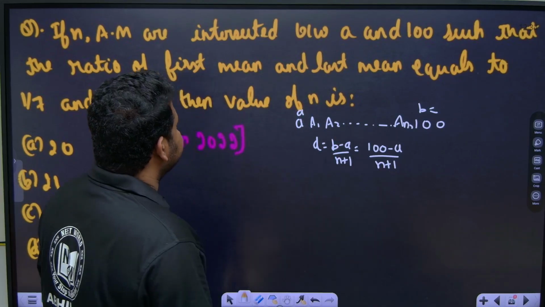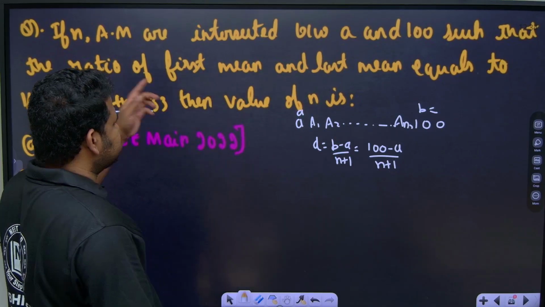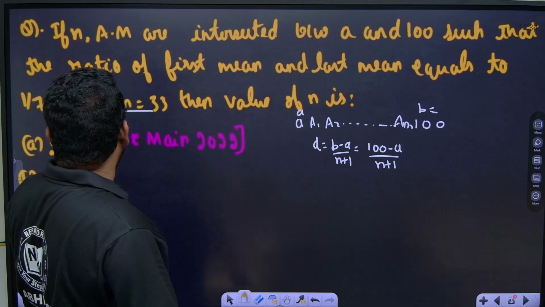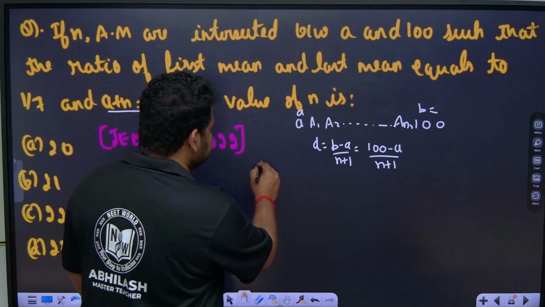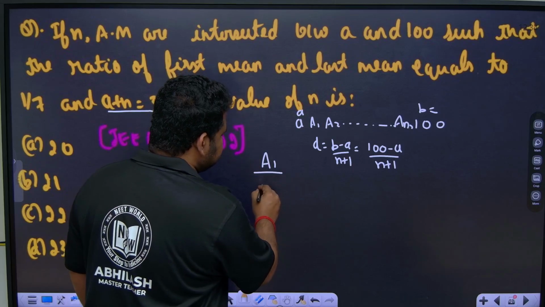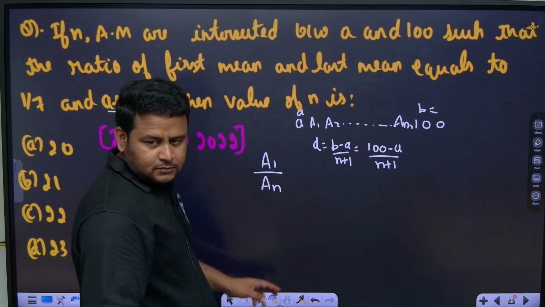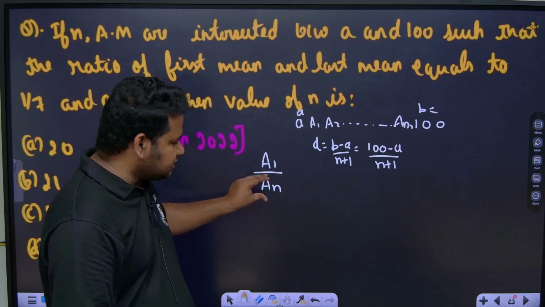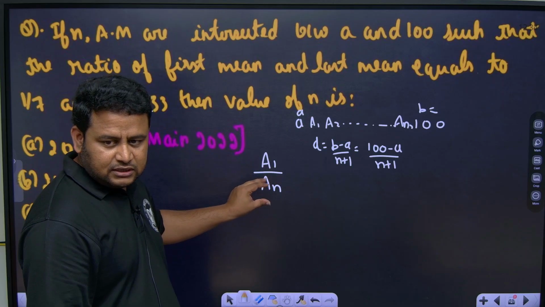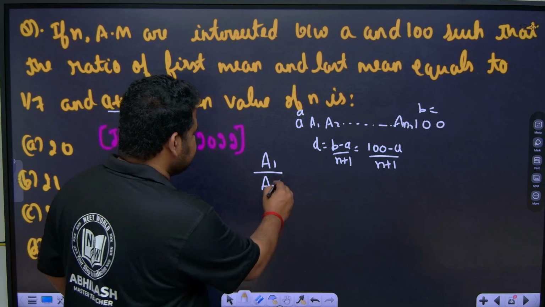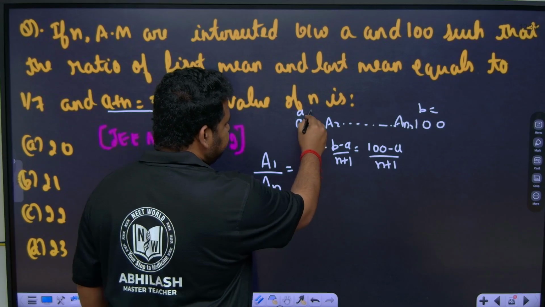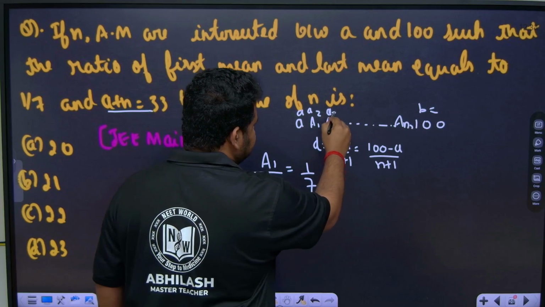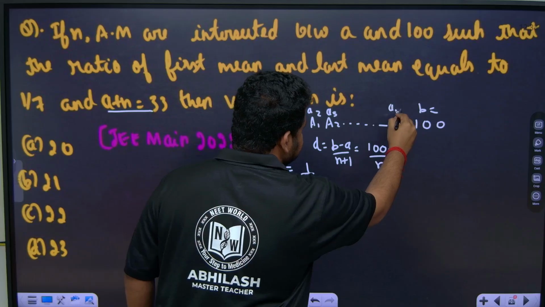Now, they are telling the ratio of the first mean and the last mean equals 1 by 7. First mean is a1, last mean is an. The ratio of the first arithmetic mean and the last arithmetic mean, a1 by an, is equal to 1 by 7. Now, this is a, this will be a2, this will be a3, up to an plus 1.